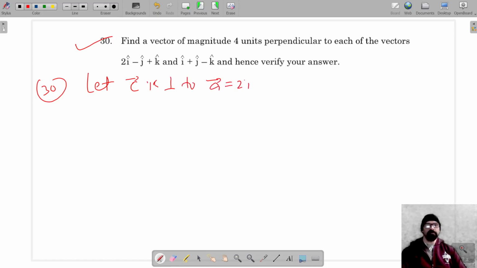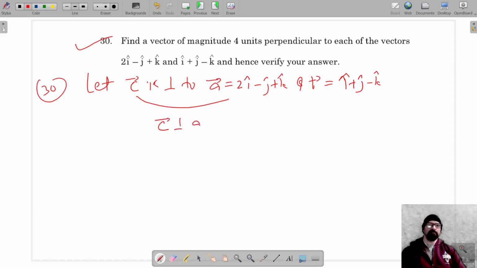First one is a vector 2i cap minus j cap plus k cap, and the second one, let it be b vector i cap plus j cap minus k cap. Now c is perpendicular to a and c is perpendicular to b, so c is equal to a cross b. So let's find out a cross b.